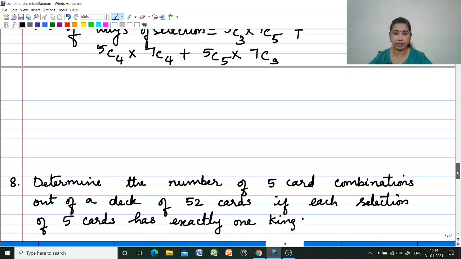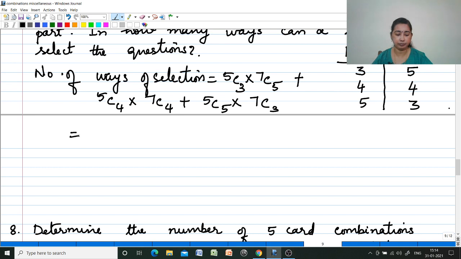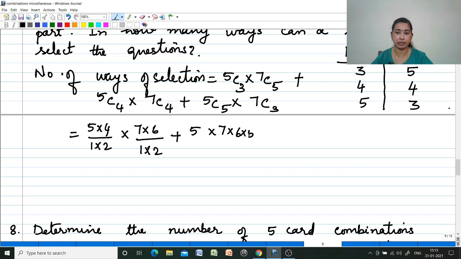Then simplifying that, 5C3 is 5 into 4 by 1 into 2, then into 7C5 is 7 into 6 by 1 into 2, then plus 5C4 is 5, 7C4 is 7 into 6 into 5 by 1 into 2 into 3. 7C4 is the same as 7C3.